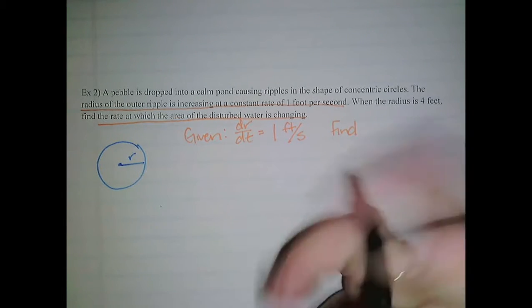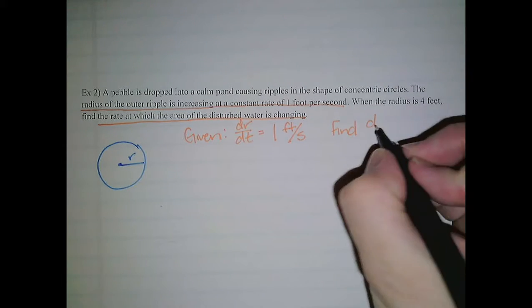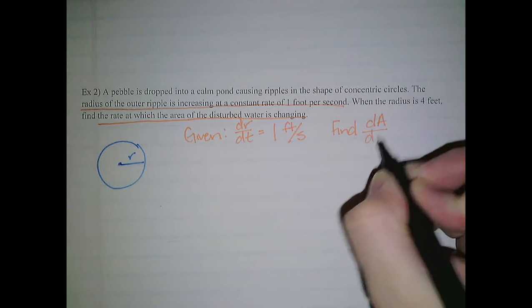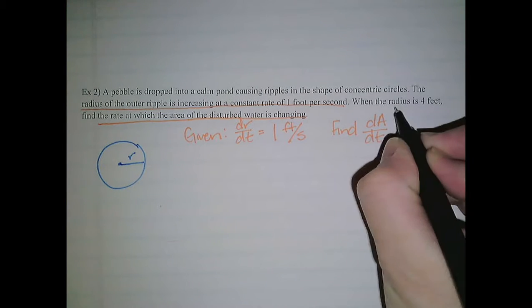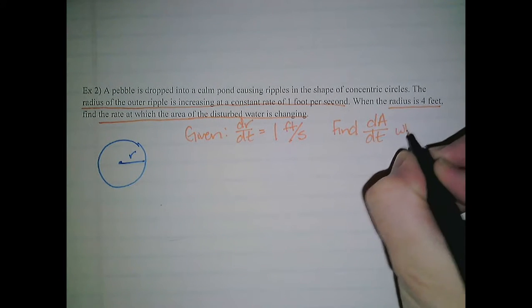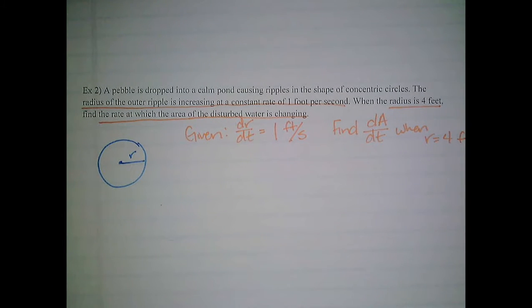So I'm going to find the rate of change of the area of that circle, we'll call it A for area, with respect to time. And specifically, they want us to do so when the radius is 4 feet. So when the radius r equals 4 feet.